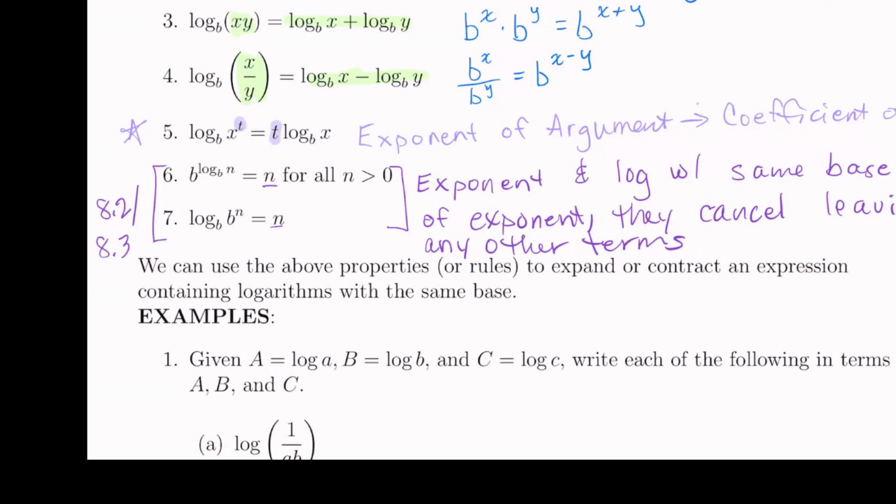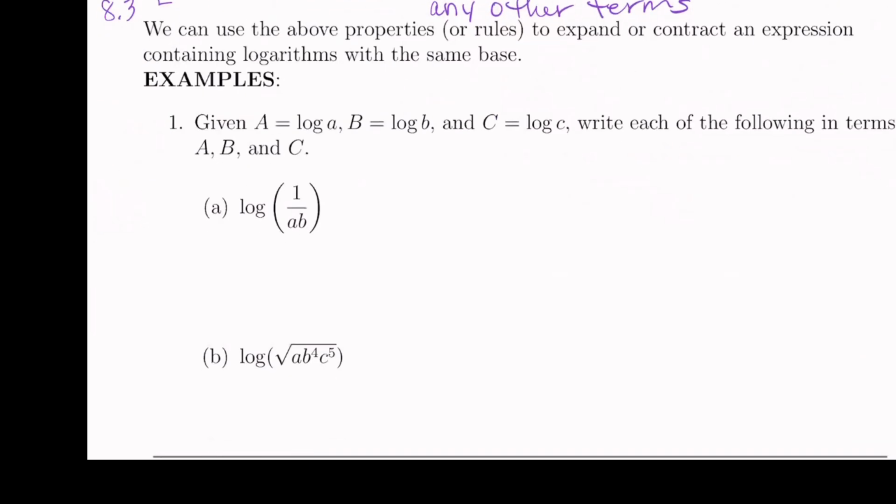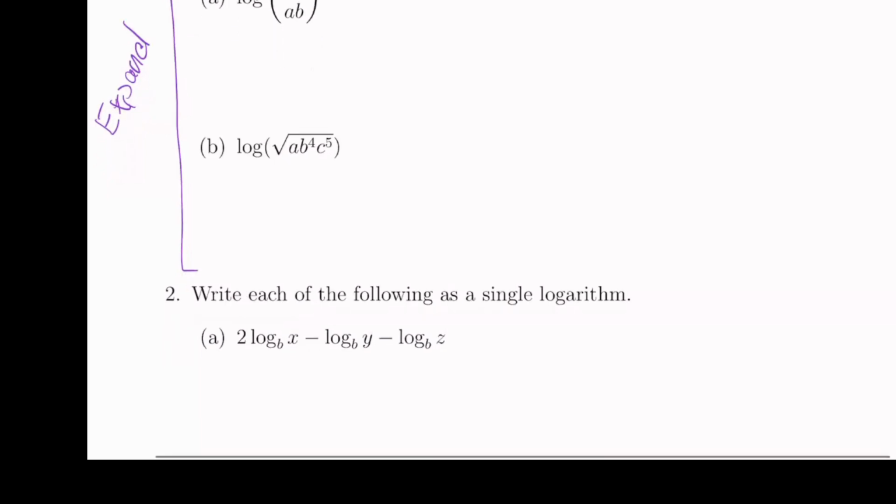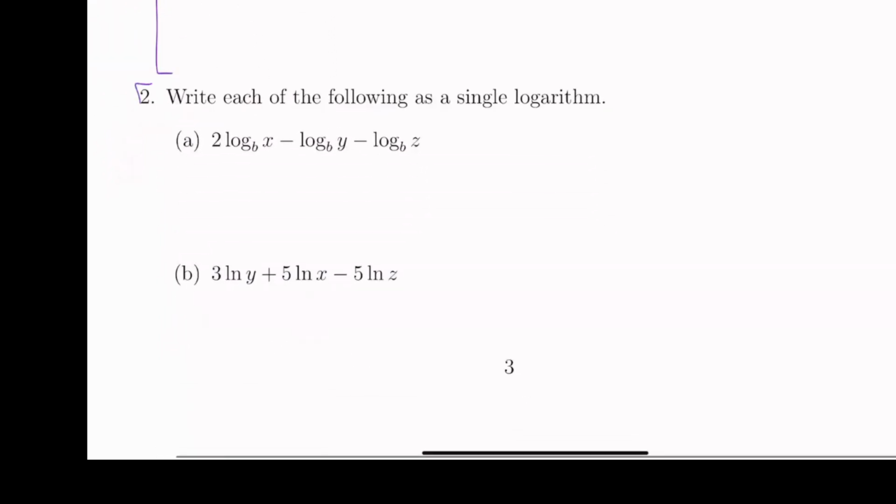For now, we're going to use 1 through 5, and we're going to practice doing these. We are going to do what is called, for number 1, expanding. Number 2 is condensing.